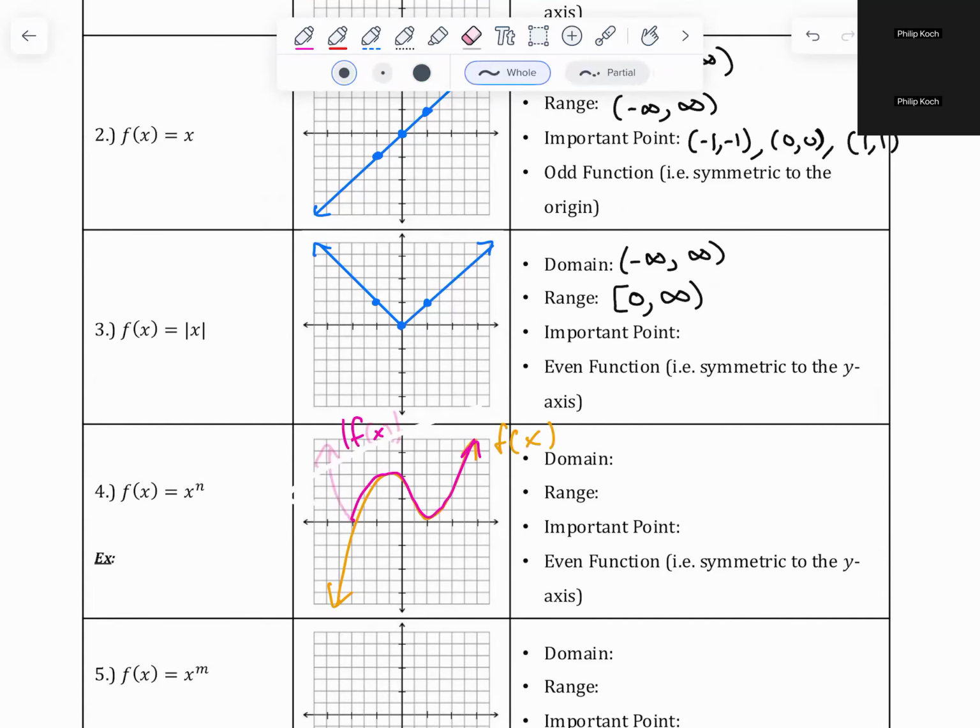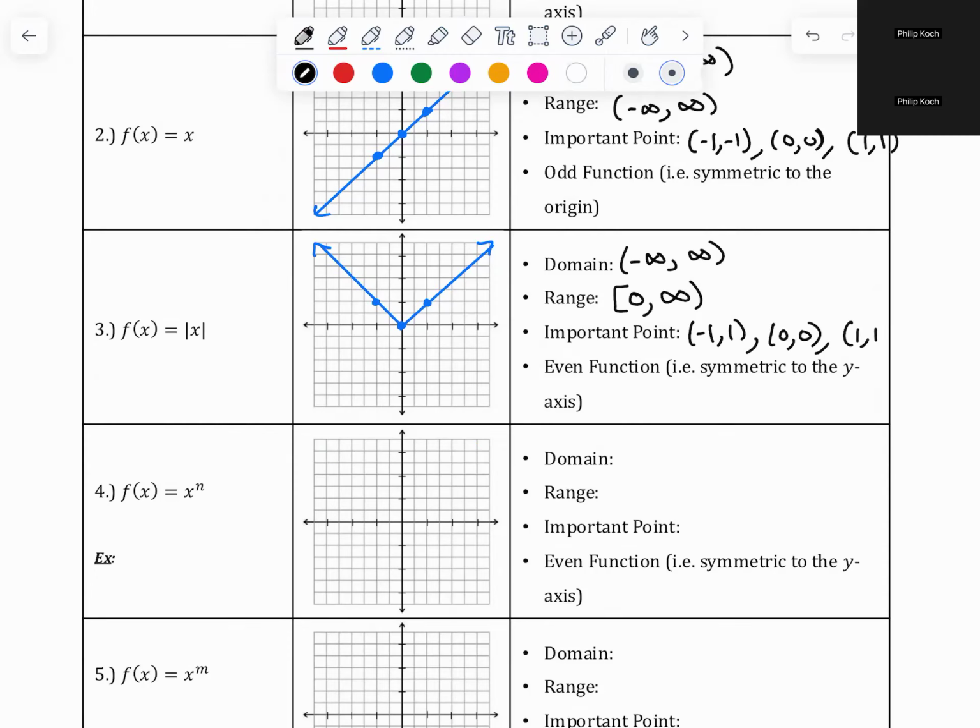Very, very fun thing. And the important points on the absolute value function are -1, 1, 0, 0, and 1, 1. Once again, I know this seems a little bit weird, these important points. They will make sense once we get to the next part.